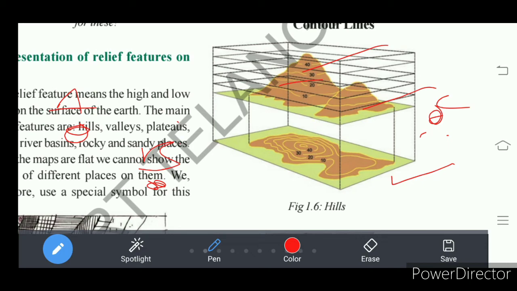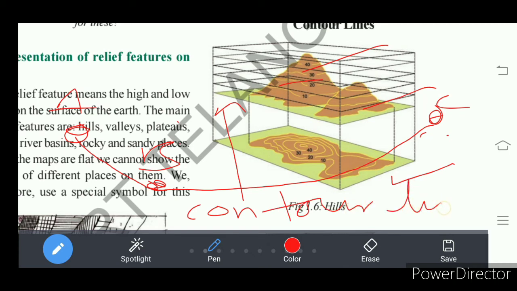Then these places are joined with a line, and this line represents that these three places are at equal height. So this line is called a contour line. Contour lines are those which show the places with equal height.